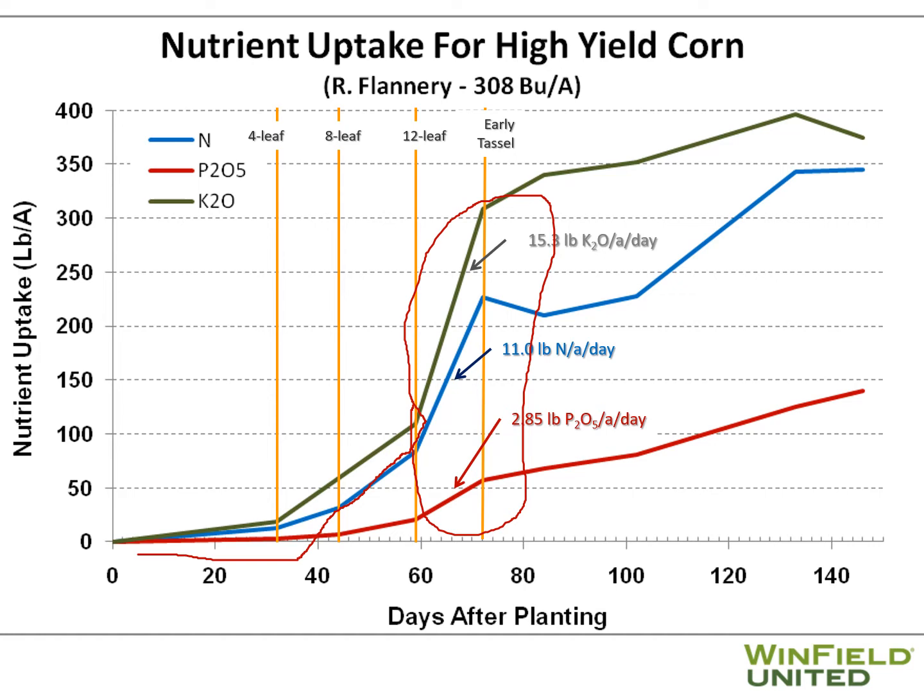Our potassium levels are up to 15 pounds of K2O per day and 11 pounds of N per day at that point in time. So we have to plan ahead for some of the grand growth phases and what the crops are going to need. So again, we need to tissue sample accurately, and we need to be utilizing it so that we can get the nutrients on when we need them so that we can get maximum yield and quality.